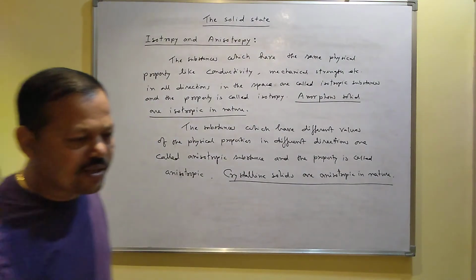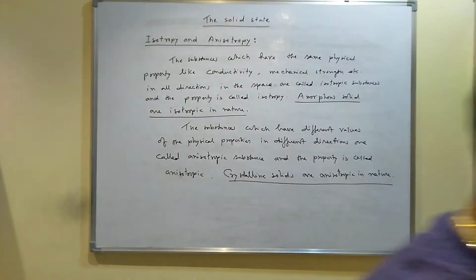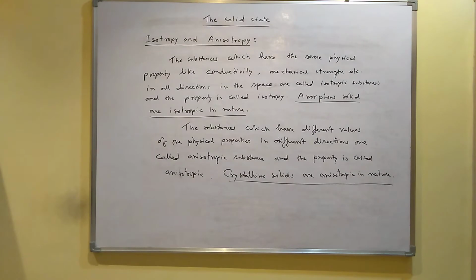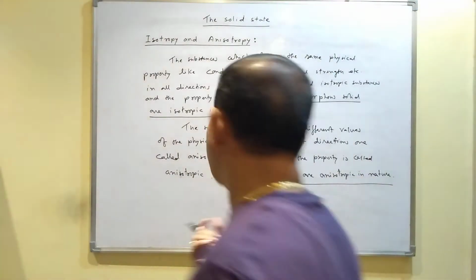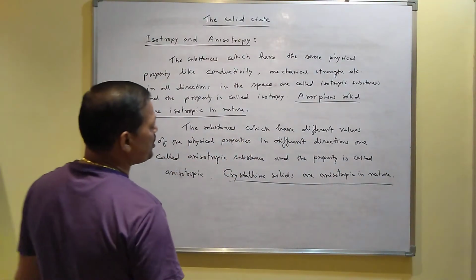So those substances in which you will get similar value for the physical property in different directions are called isotropic substances. And if you get different value in different direction, then that type of substances are called anisotropic substances.